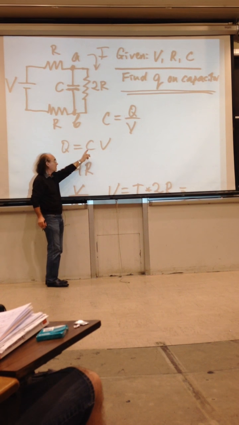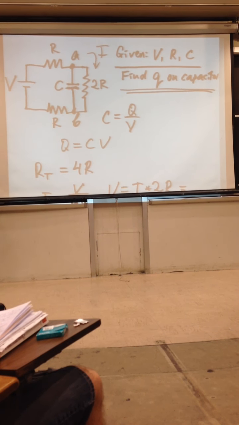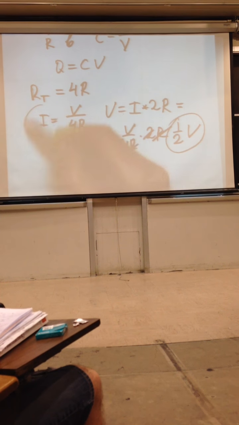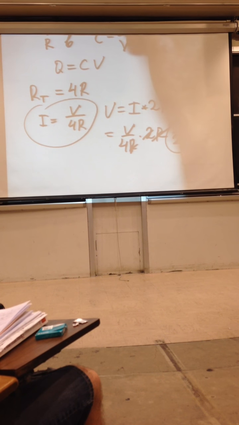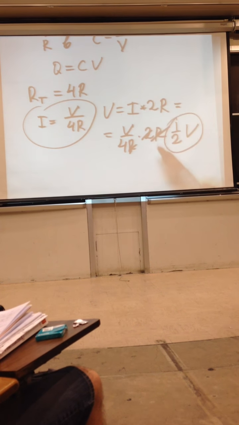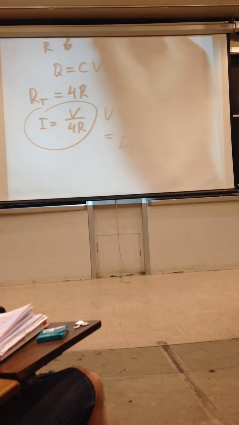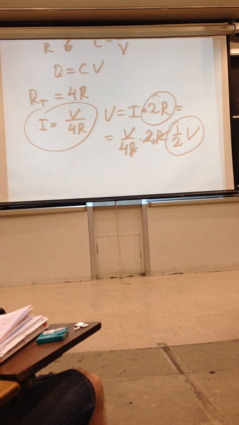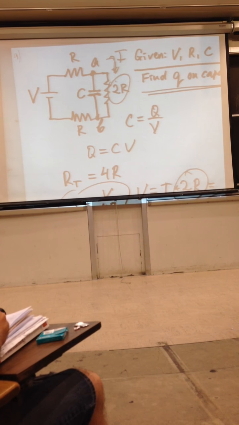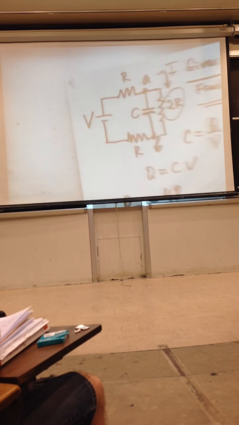Okay, multiply that voltage by capacitance, you get the charge on the capacitor. Total current, which is the current in this resistor, current times resistance gives you the voltage between A and B. And that's the same voltage as on the capacitor. Multiply voltage by capacitance, get the charge of the capacitor.